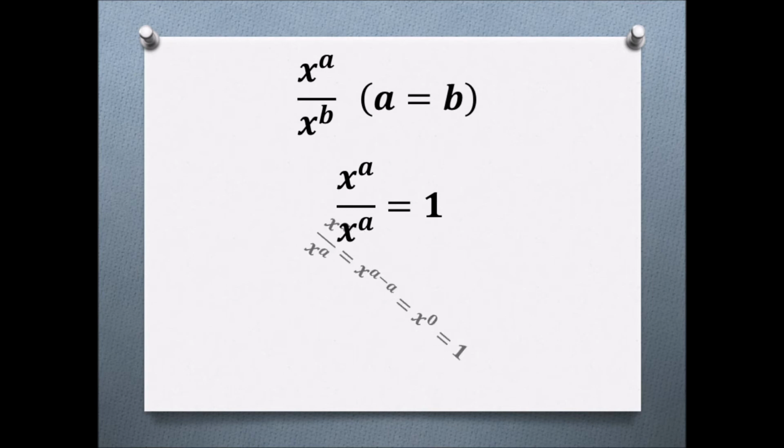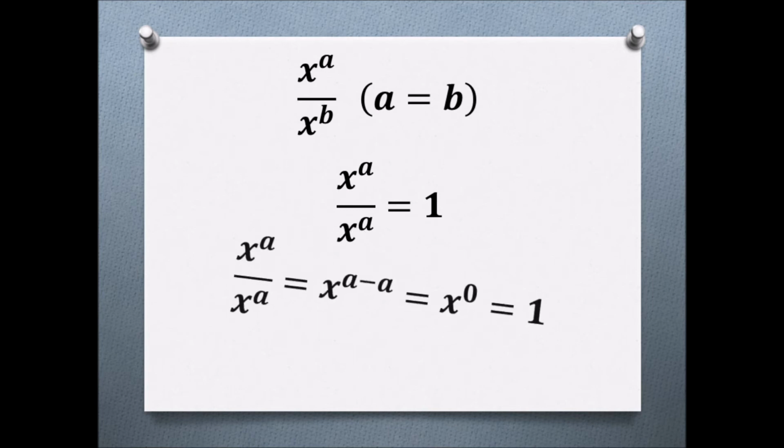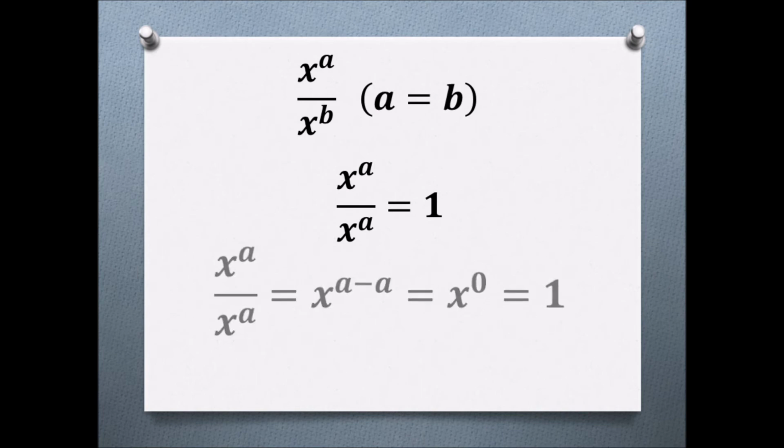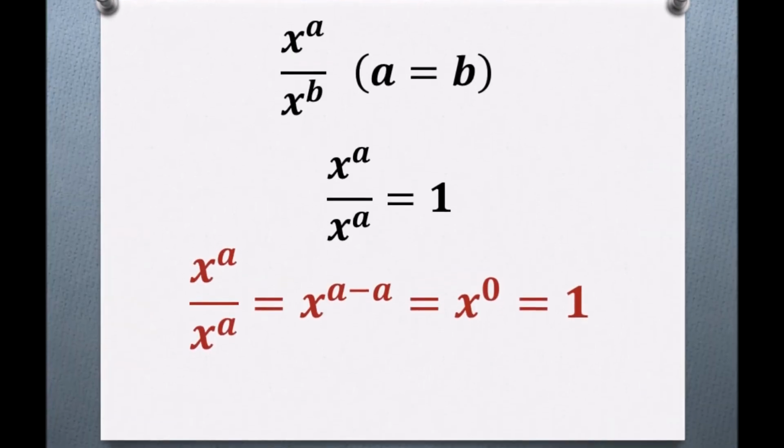But we also know that x raised to a by x raised to b is x raised to a minus b. Because of that, x raised to a by x raised to a is also x raised to a minus a, which is x raised to 0. And hence we get it as x raised to 0 equal to 1. And again, it makes sense that x raised to 0 equal to 1.